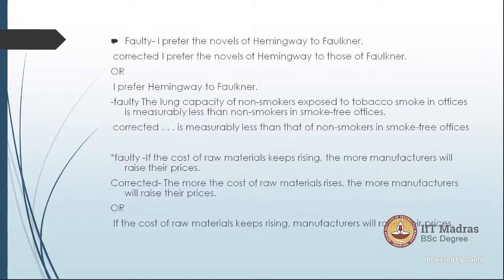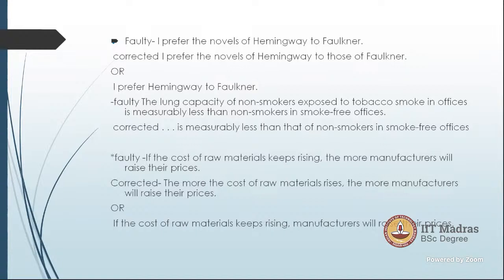Parallelism doesn't refer to those things. Parallelism is between two segments that you want to draw parallels between. So over is not making any difference to it. You use over or to, or you use than, anything is okay there. I prefer Hemingway than Faulkner will also be okay. So there are multiple words which can replace the word to there.